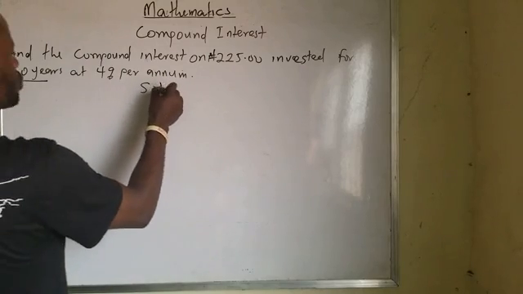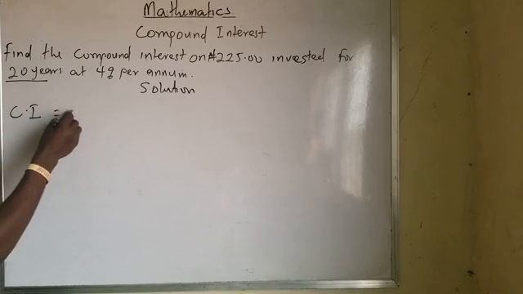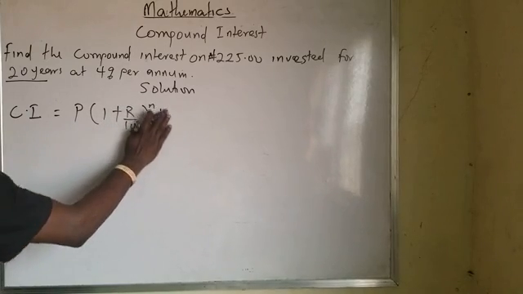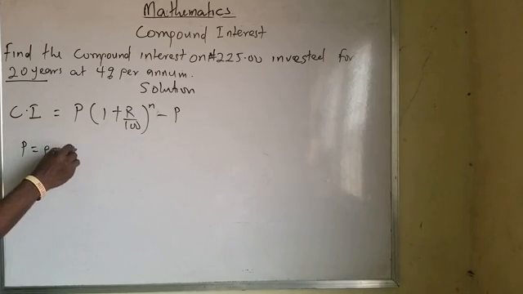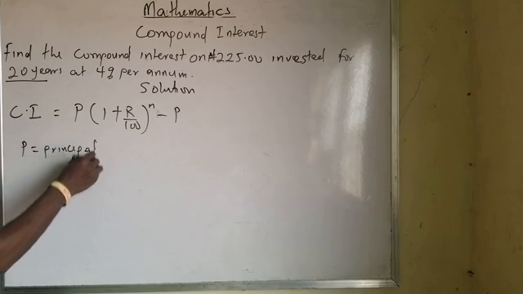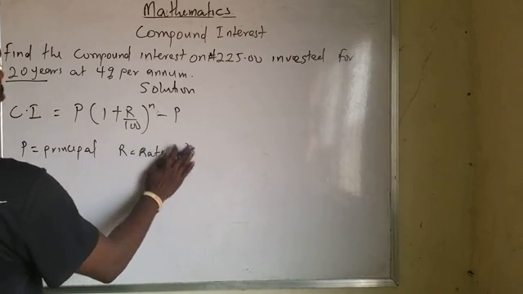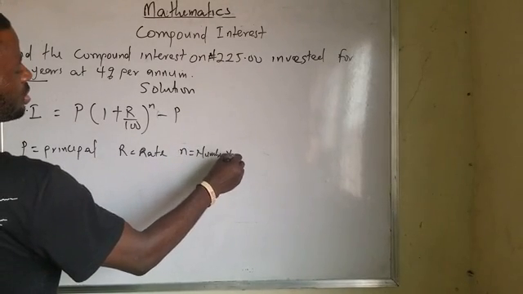Now let's try to work towards this. I'm talking about simple interest, compound interest. Don't forget, my compound interest by formula will be equal to principal times (1 plus R over 100) to the power n, minus the principal. I've told you that P is principal, R is rate, and n is number of years.